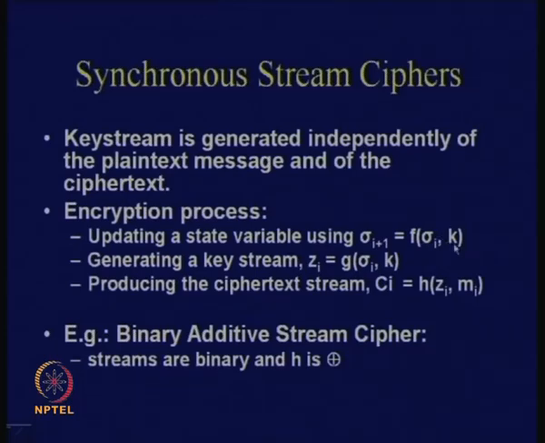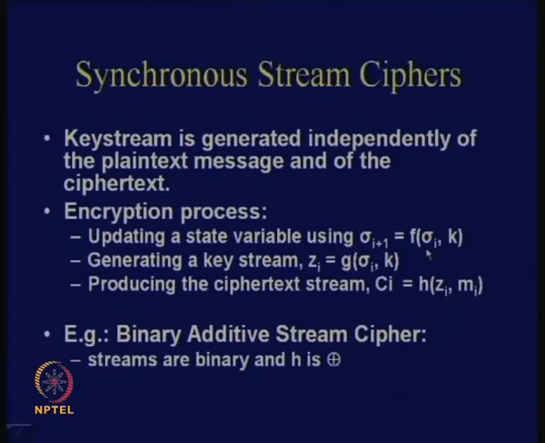So we start with a smaller key, and using this smaller key we carry on iterations to generate a large key stream. We keep iterating certain procedures to get a larger key stream. We take sigma_i and the starting key, operate this function f, and obtain sigma_(i+1).